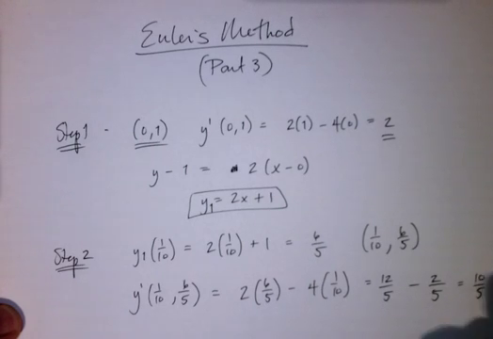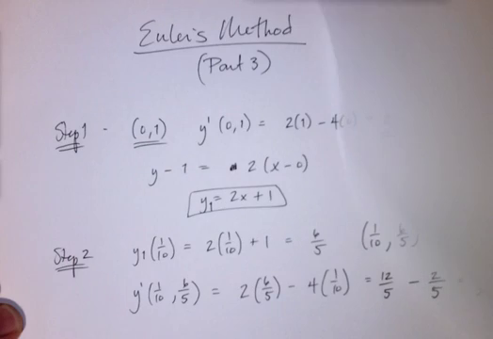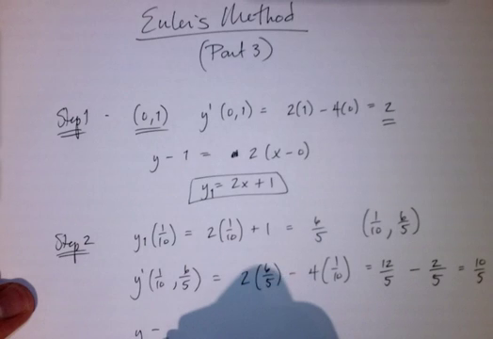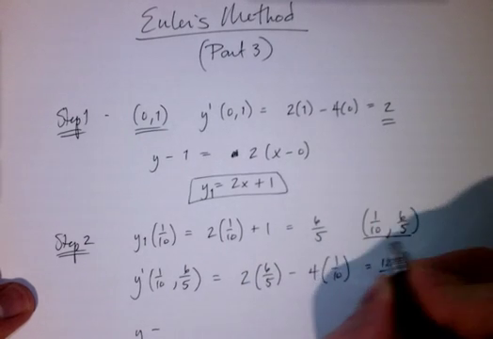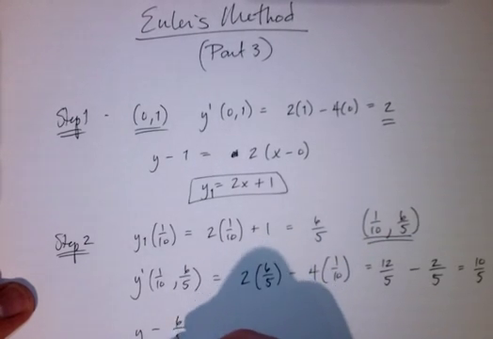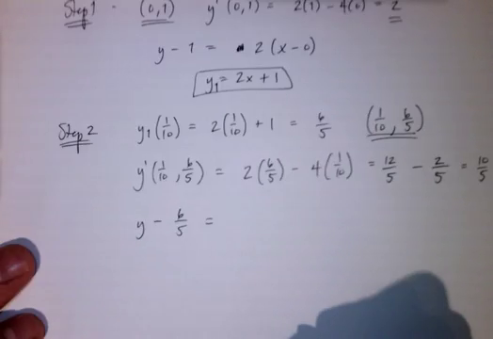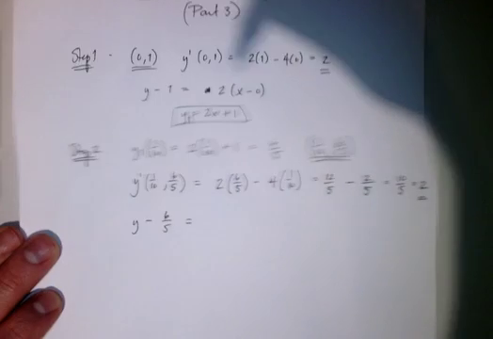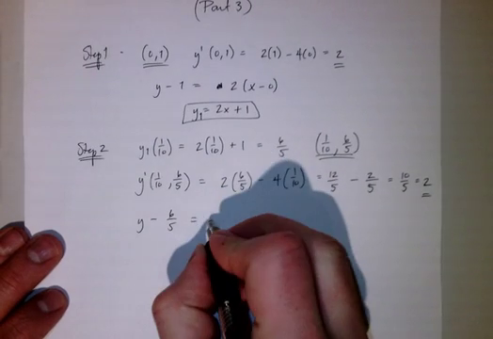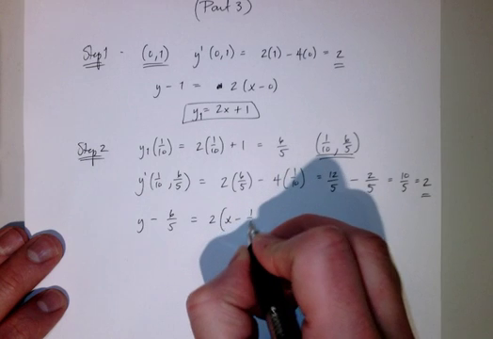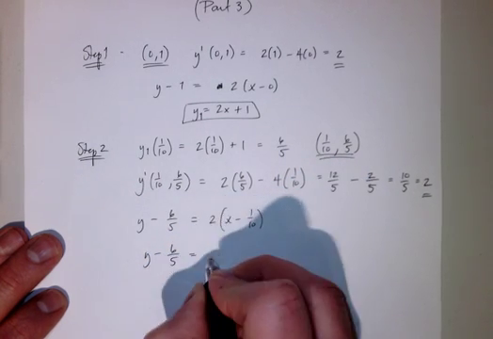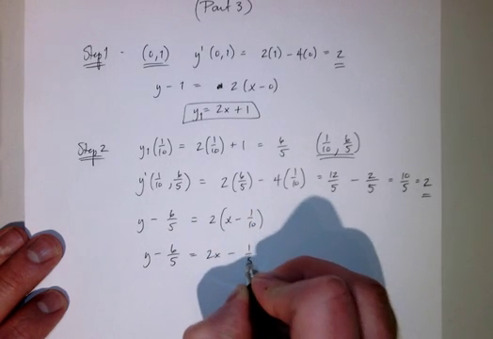Okay, so now I know that what I have here is, I have my point, I have my slope, y minus 6/5 is equal to, let me pull that back a little bit so I can see a little bit more of the paper, 2 times x minus 1/10. So y minus 6/5 is equal to 2x minus 1/5.